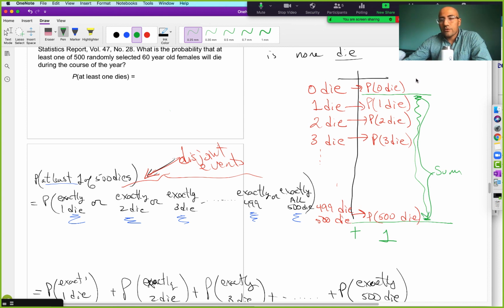So what I can do is note that if I just find the answer to this one, then 1 minus this one should give you the sum of all of these. Good. And so at least 1, well, I should put it on this side actually.